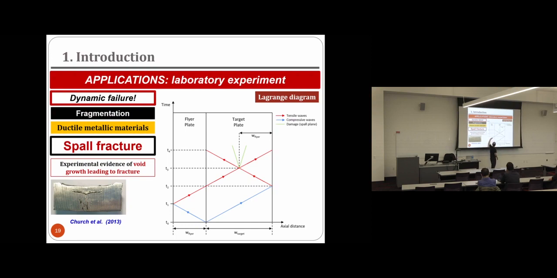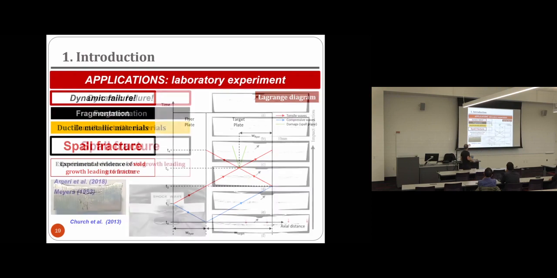So the specimen gets unloaded, unloaded, unloaded, and the same thing here. Once these two tensile waves meet here, the material is unloaded, and suddenly it is subjected to a very high tensile stress, very high hydrostatic stresses, and they lead to the formation of a spall fracture. So this is the typical signature of a spall fracture, when we have voids that have grown and coalesced inside the specimen we are testing, just because of the interaction of waves inside the material.